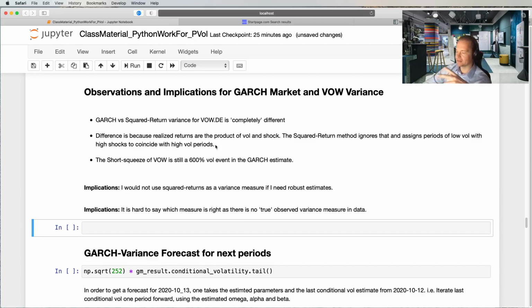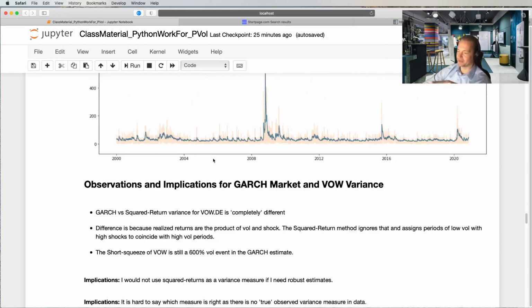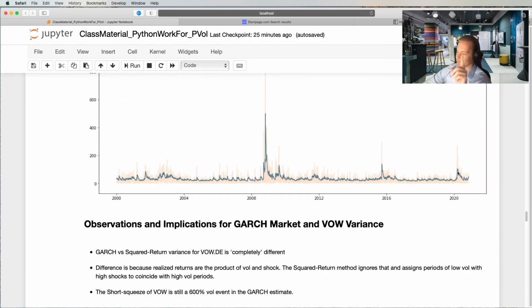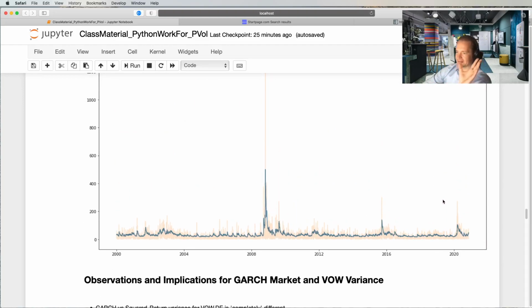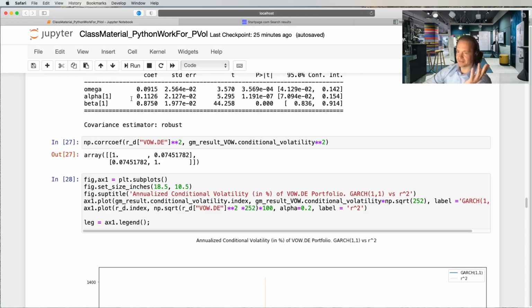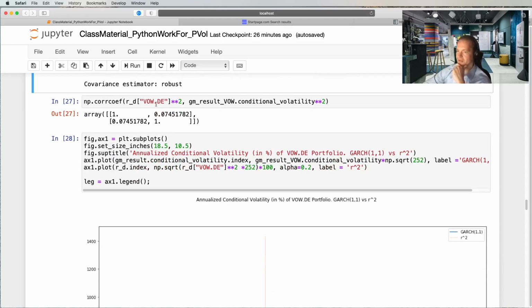And now this R square tells you also vol was high ex ante, and even GARCH will tell you vol was high ex ante. Mechanically. Why mechanically? Well, because if the alpha here is not 0, then return innovations translate into vol innovations.